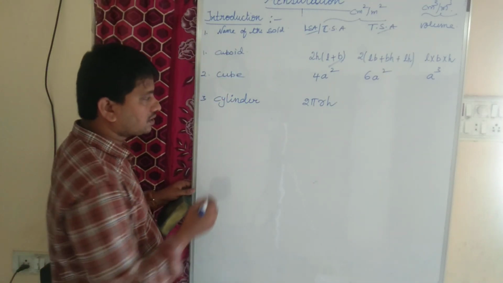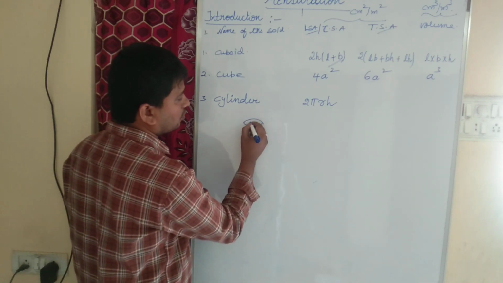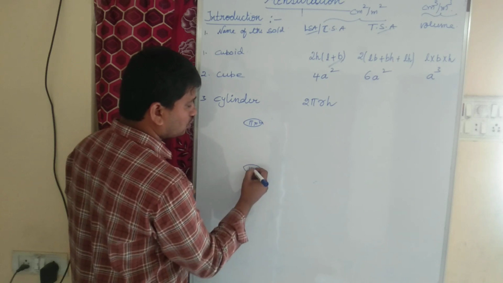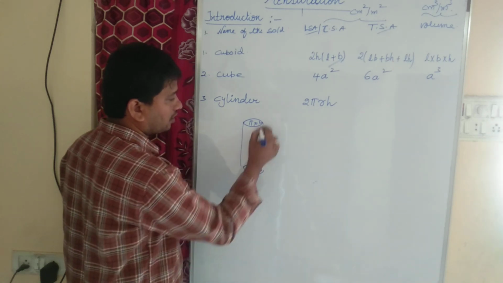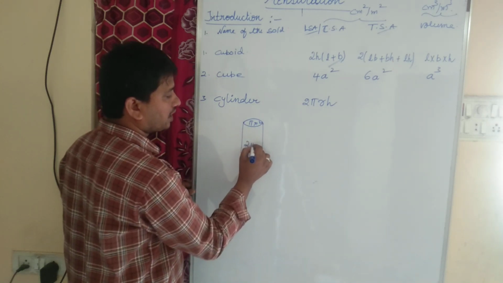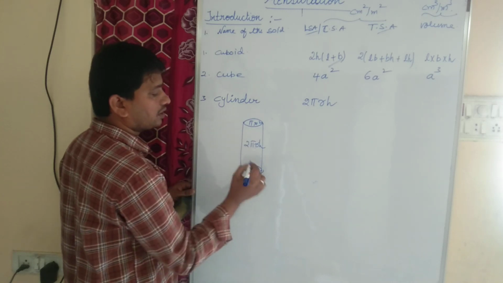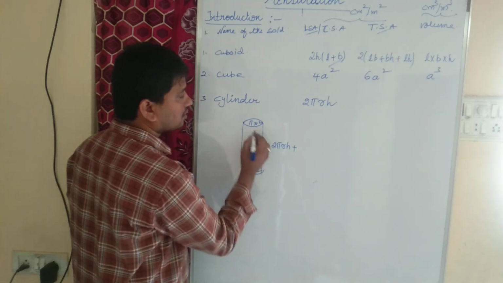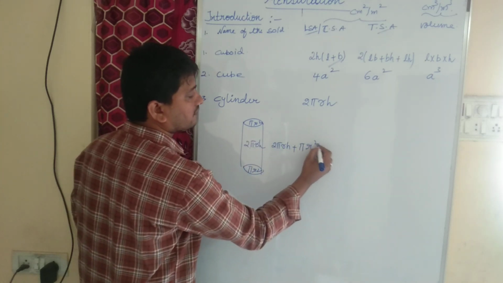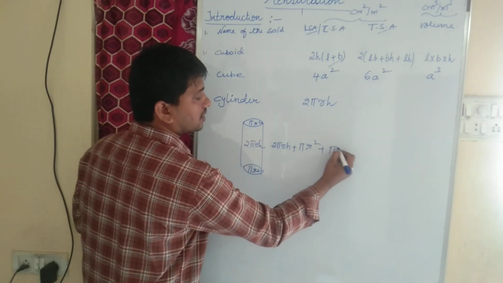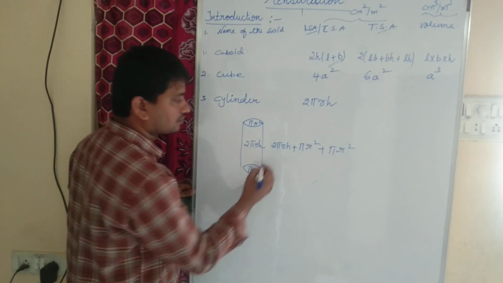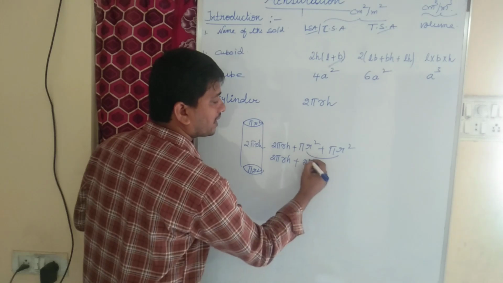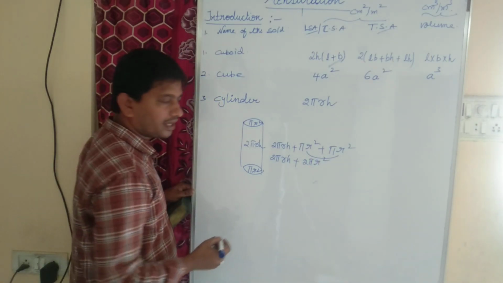What about total surface area? Total surface area means the top face whose area is pi r square, the bottom face whose area is pi r square, and the curved surface whose area is 2 pi r h. We have to add all these three. So 2 pi r h plus pi r square plus pi r square, 2 pi r square.